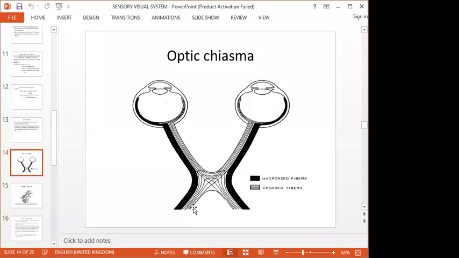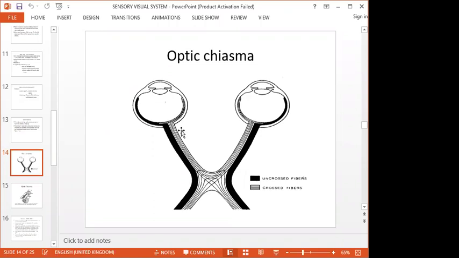Okay. Equally here, any lesion here, we are going to have both visual fields affected there. If a lesion is only here affecting this temporal fiber, the field defect will be there. This side will be intact because the fibers are not affected.